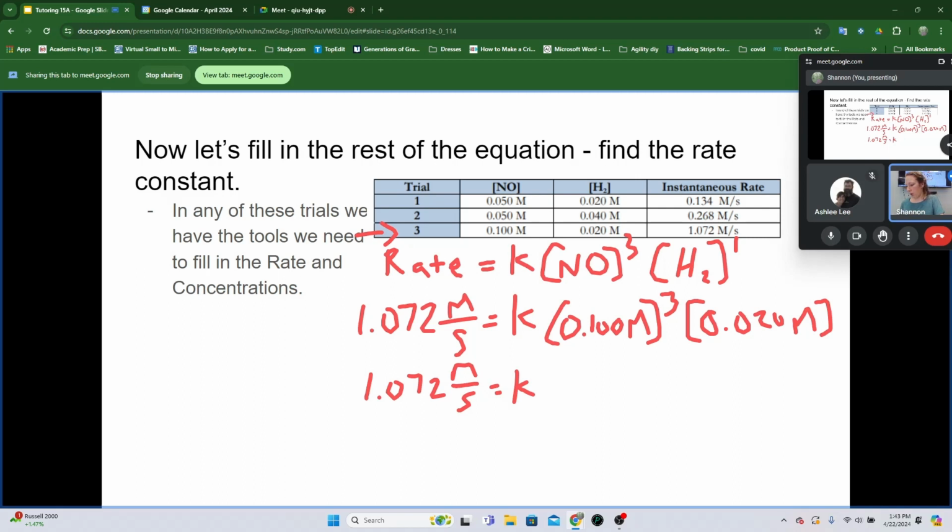And then times 0.02. So you're just multiplying across? I'm just multiplying what's after the K right now. Just putting it all together.